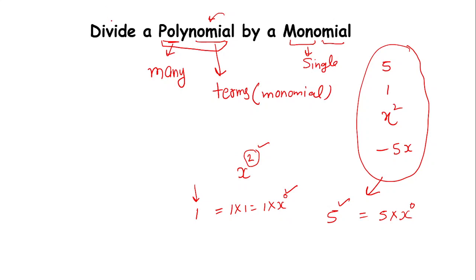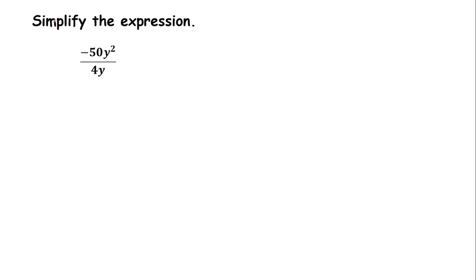The question here is, simplify the expression. This is a polynomial, and we are going to divide that polynomial by this monomial. How can we do that? Let's see.